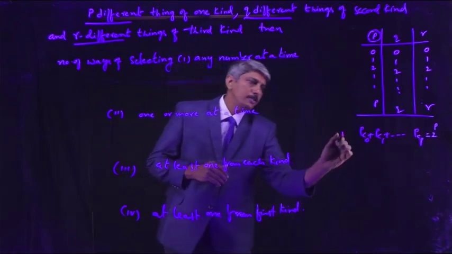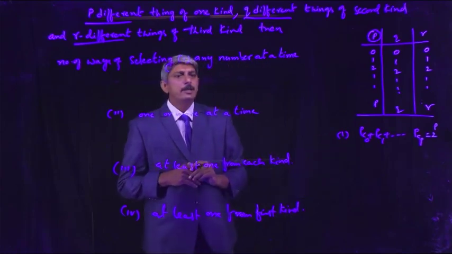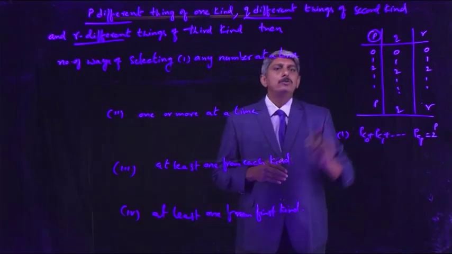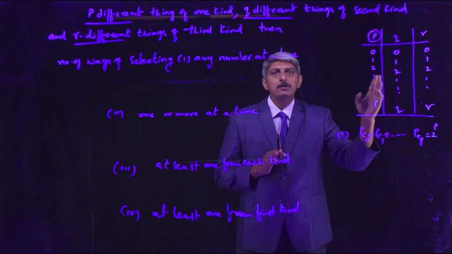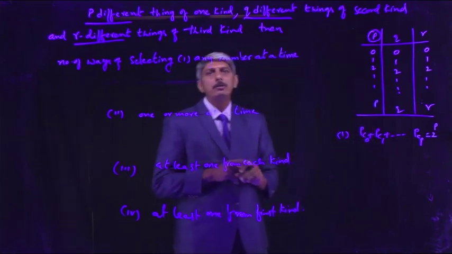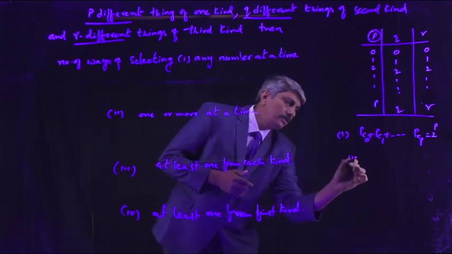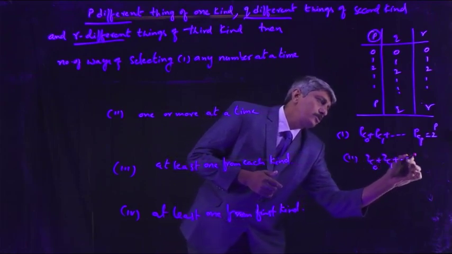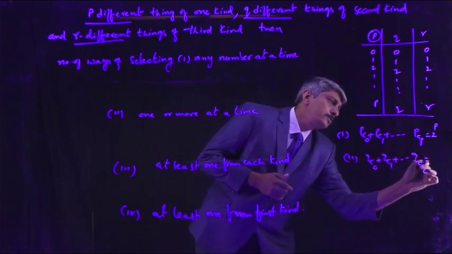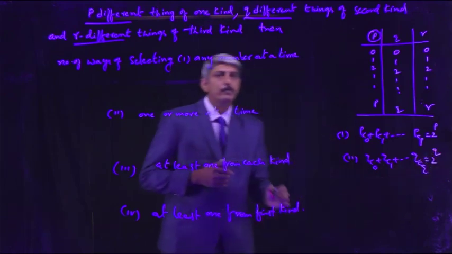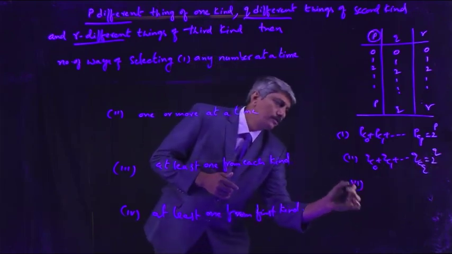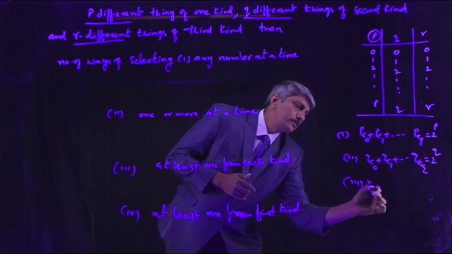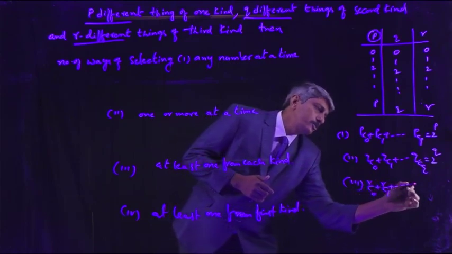This is the first operation. And the second operation, out of Q, we have to select either 0 or 1 or 2 and so on up to Q. How many ways? QC0 plus QC1 plus and so on up to QCQ. This is equal to 2 power Q. And for the third operation, RC0 plus RC1 plus and so on up to RCR.